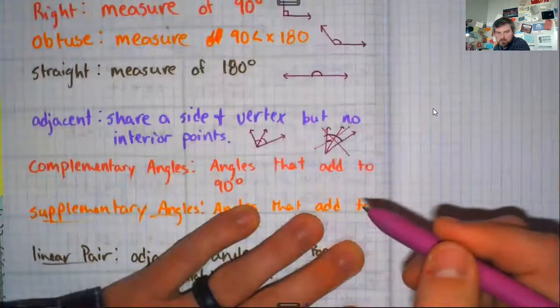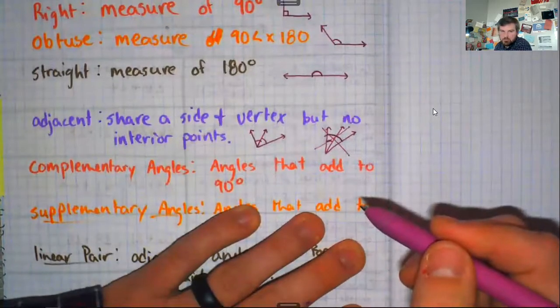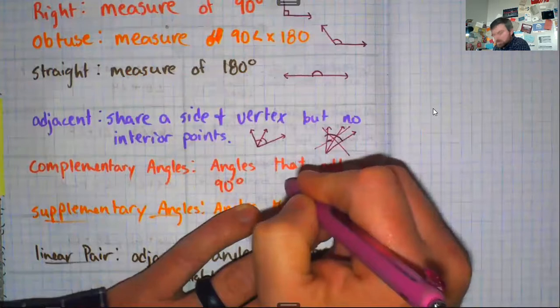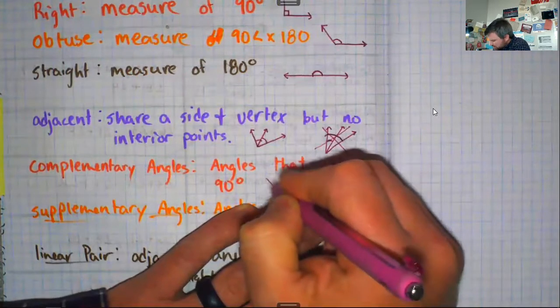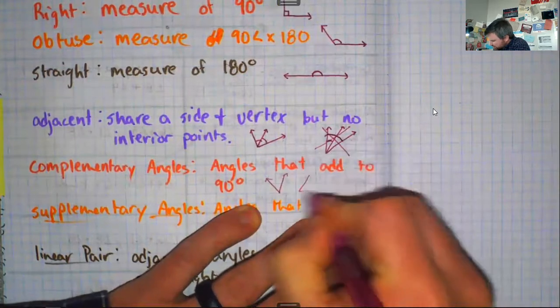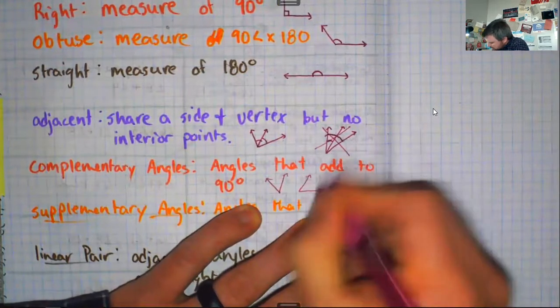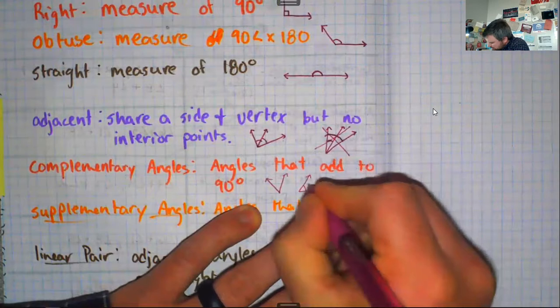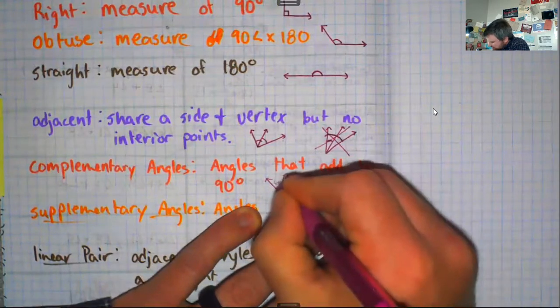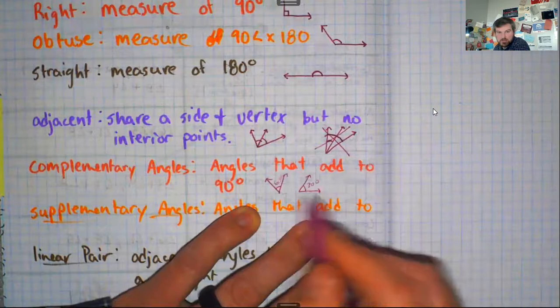Complementary angles add up to 90. They don't have to be touching one another. So let's just say I have this angle here and I have this angle over here. Let's say that this angle here is 30 degrees and this angle over here is 60 degrees. If you add those up, 30 and 60 will make 90.